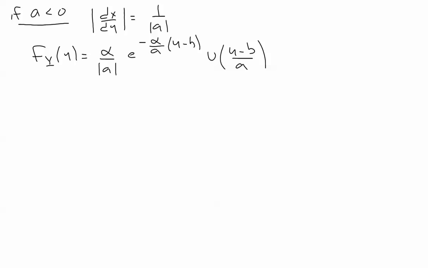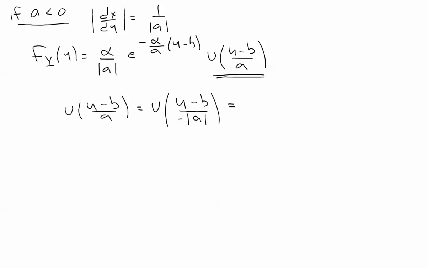Now this step function we have to examine just a little bit more. I said earlier that division by a positive constant doesn't matter, but in this case we're dividing by what we know is a negative constant. So we have to examine that a little bit better. u of y minus b over a can be written as u of y minus b over negative absolute value of a in this case.